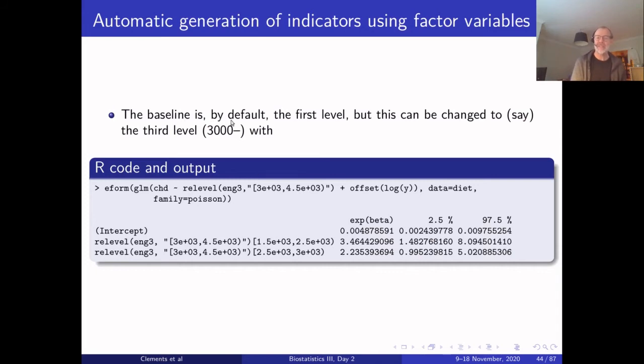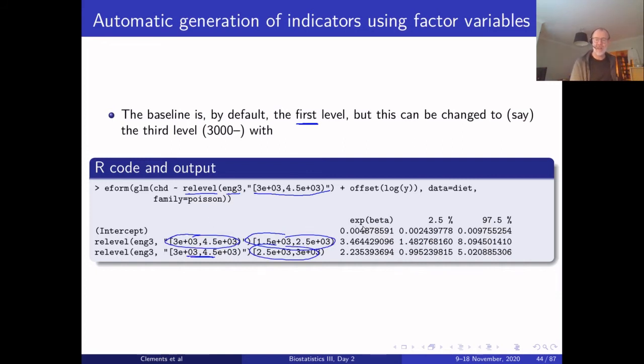The baseline is by default the first level of the factor, and we can change that to, say, the third level if we did a re-level on eng3 with the new baseline. Then these values will now be compared with this new baseline.